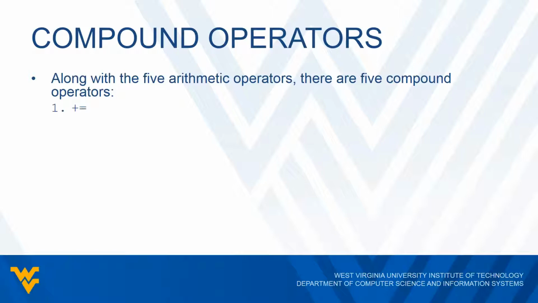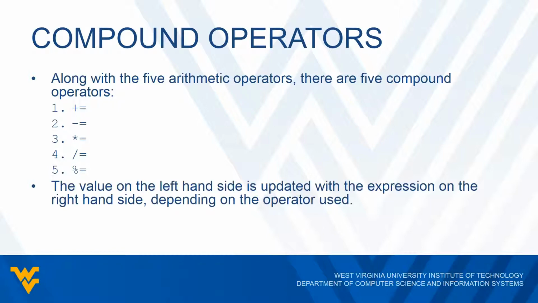So we have plus equals, minus equals, multiply equals or asterisk equals, slash equals, and percent equals. So here's what these all do. We take the value that's on the left-hand side, and then we update it with the expression that's on the right-hand side, depending on which operator we use.